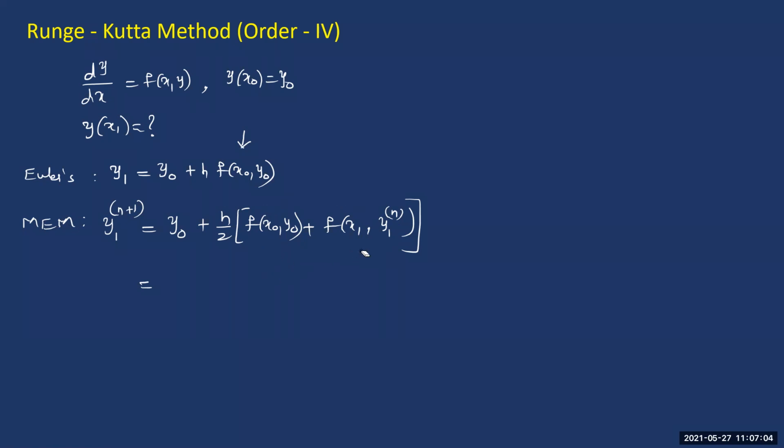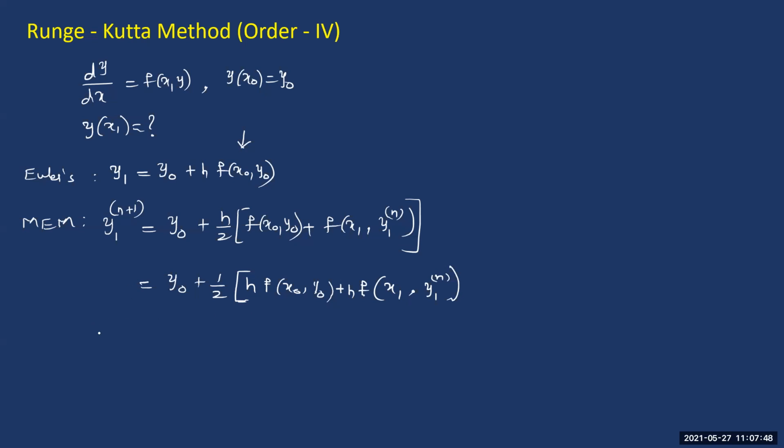Now, for convenience, I'm writing it like this: y naught plus h by 2. Let me just multiply this h inside here so that things will be easy for me. 1 by 2 times, I'm writing it like this, h into f of x naught comma y naught, then plus h times f of x1 comma y1 first approximation.